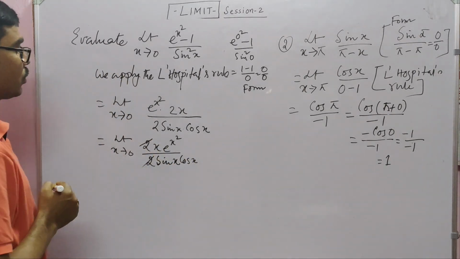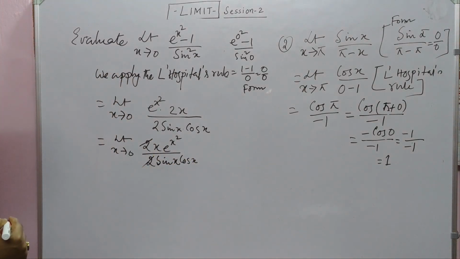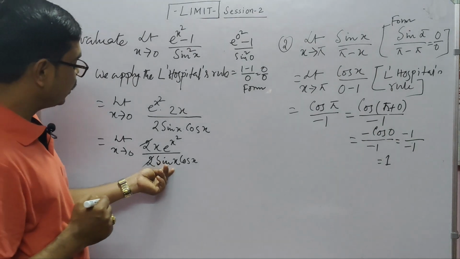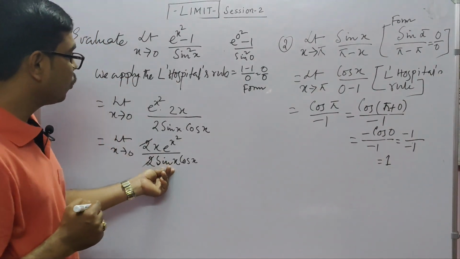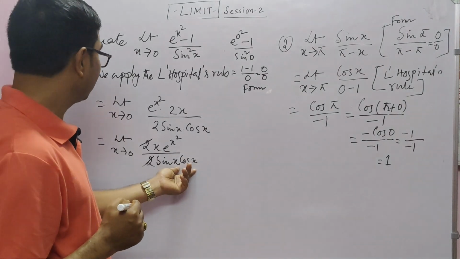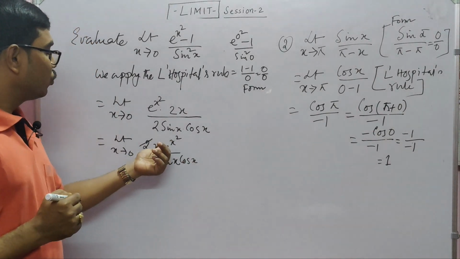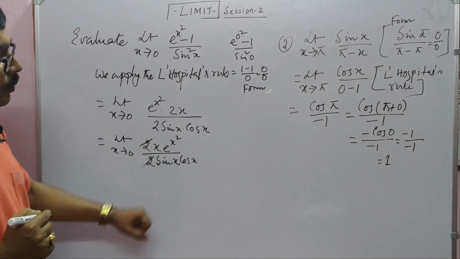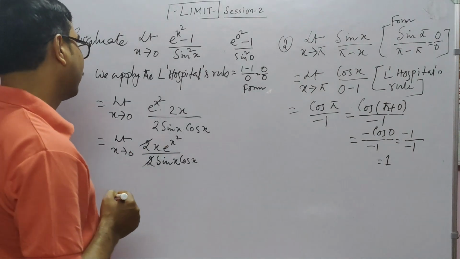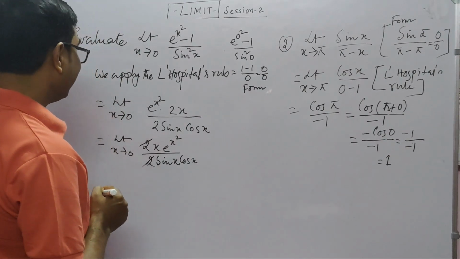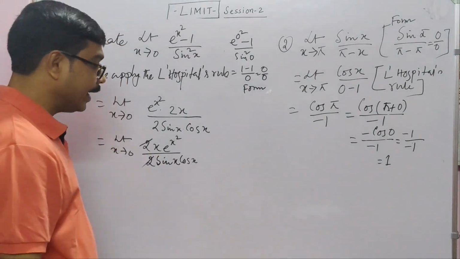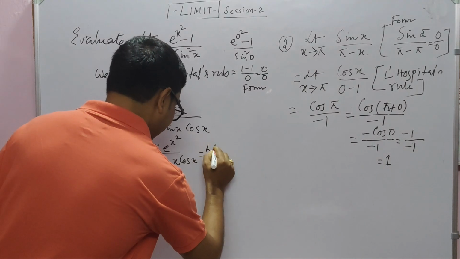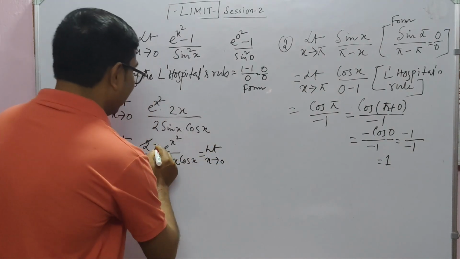The 2 cancels out. Now sin 0 equals 0, cos 0 equals 1, so that is 0, and the numerator also has 0 into e to the power x square, that is 0. Again it is an indeterminate form.